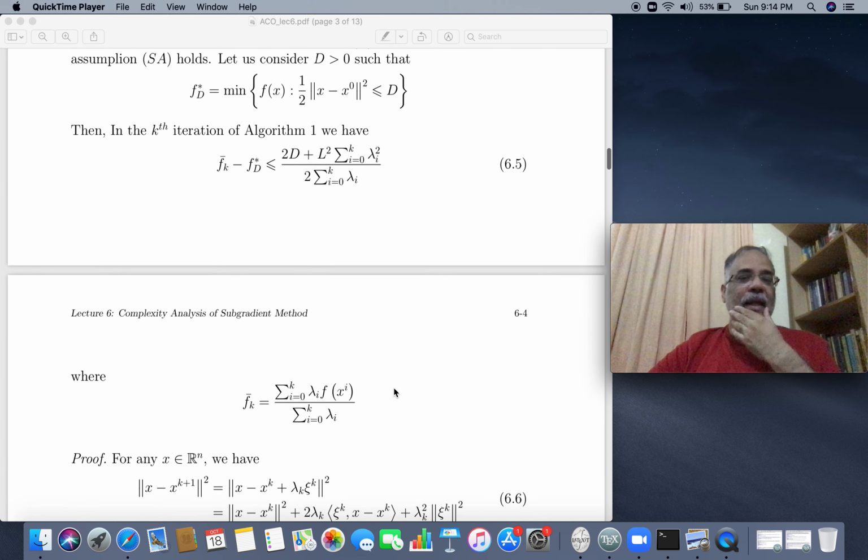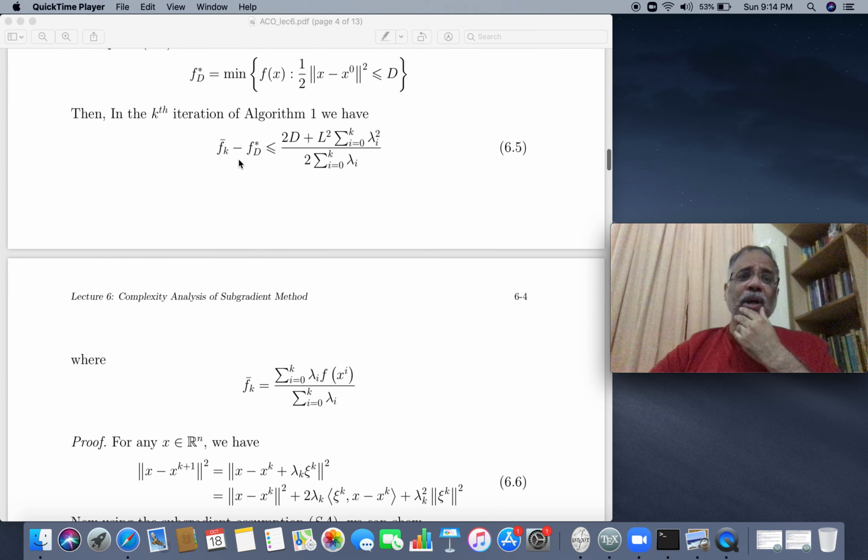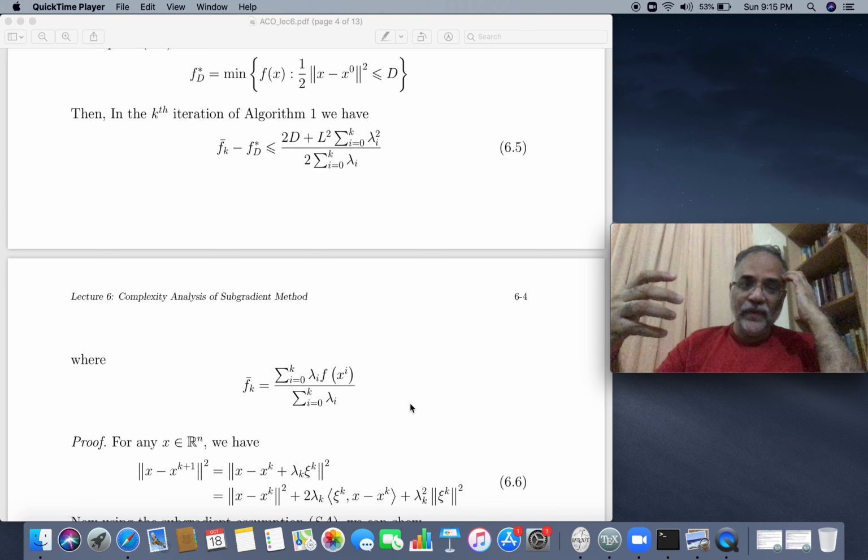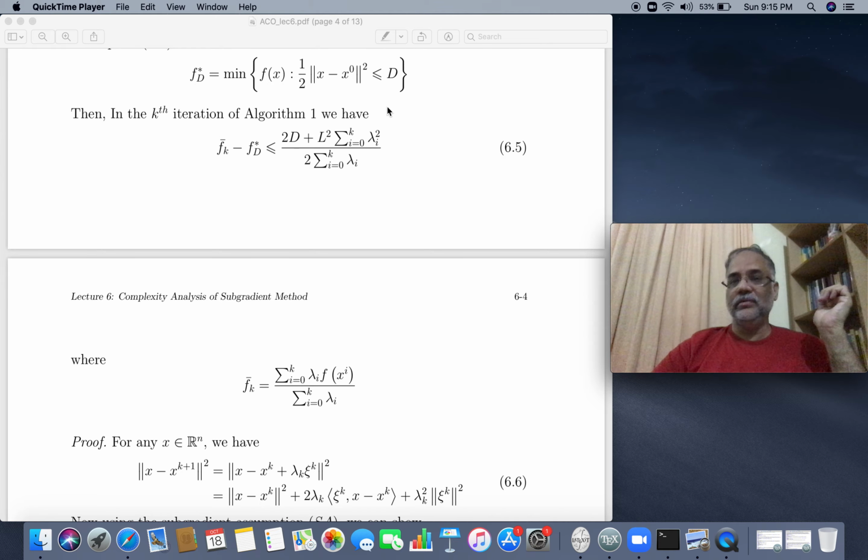Now this f bar k is nothing but a weighted average, or a convex combination, of the functional values that you have computed at each of these iterates x0, x1, dot dot dot, xk. Once you have done that, this is what you will get. So that is the first step.